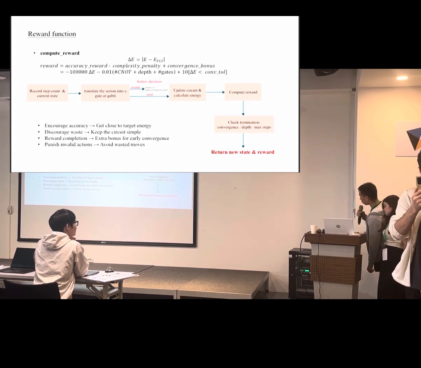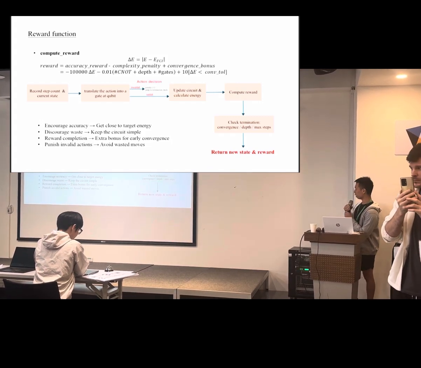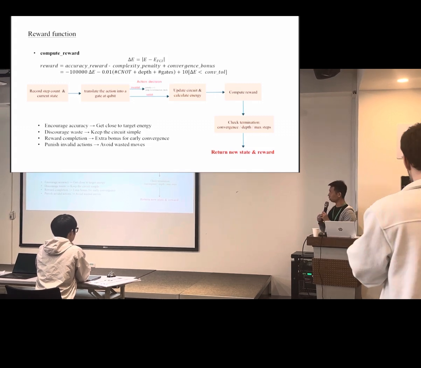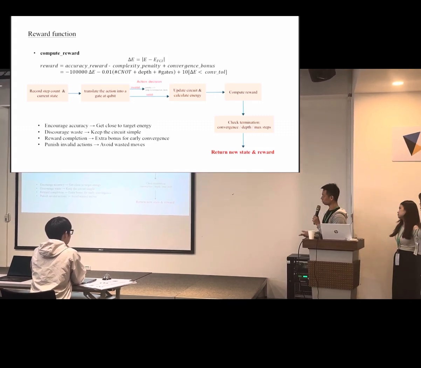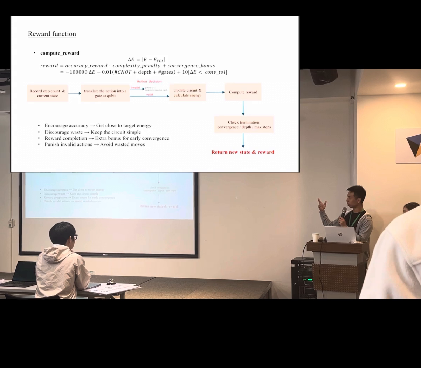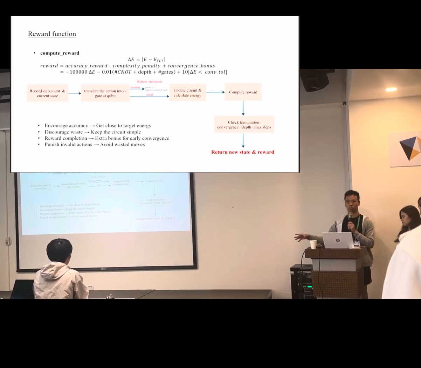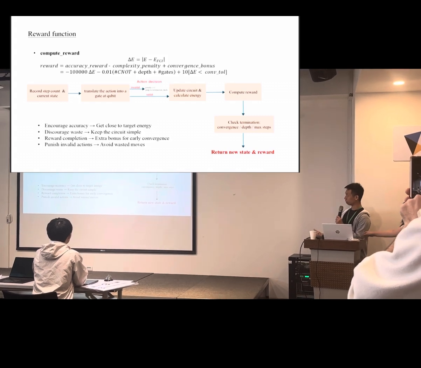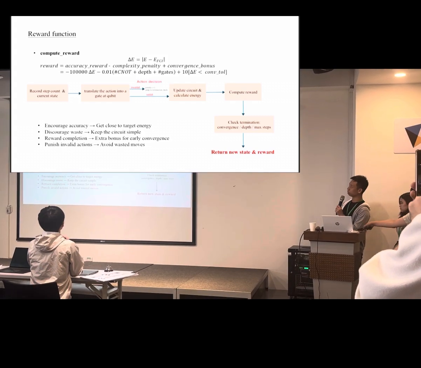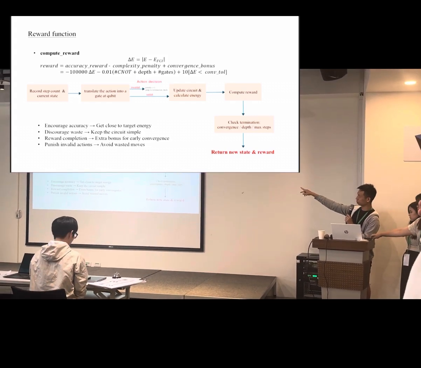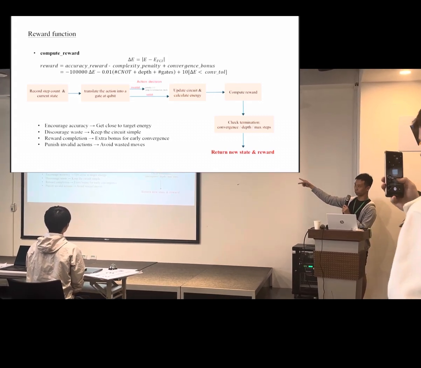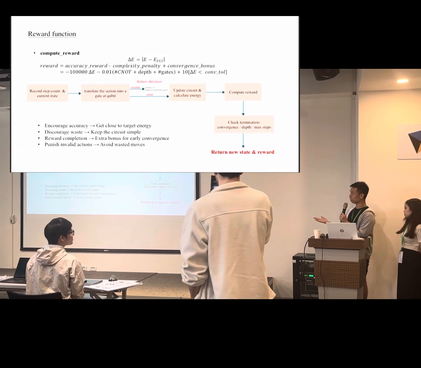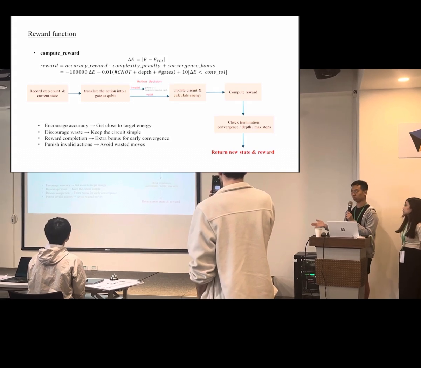Okay, so we have talked about the background and setup of our experiment. Let's move on to the reward function that we have designed. We focus on accuracy, that is, the difference between the calculated energy and the reference, delta E. We also include the depth of the circuit and the number of gates, which we want to minimize, and the number of CNOTs, which is crucial.